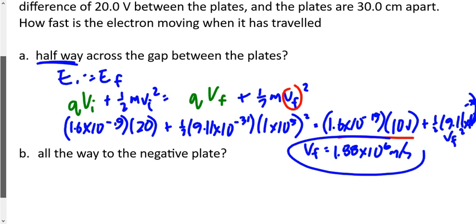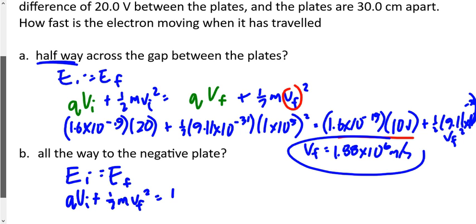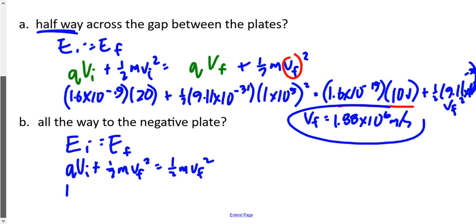The car at the top of the hill has potential energy, mgh, but we're going to replace that with qV. It also has kinetic energy. At the complete bottom of the hill, the car only has kinetic, no potential, because it's got no more potential to fall. We're going to say the charge here, again, is 1.6 times 10 to the minus 19. This one's easier.